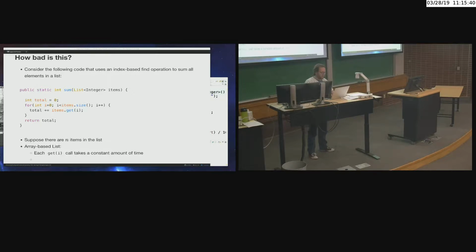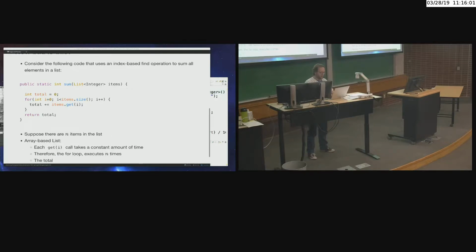Therefore, the for loop executes n times. Remember, we want to keep it general, not just 10 million, 100,000, or 1 million. I want to look at it from the perspective of n, where n is the number of things in my list.